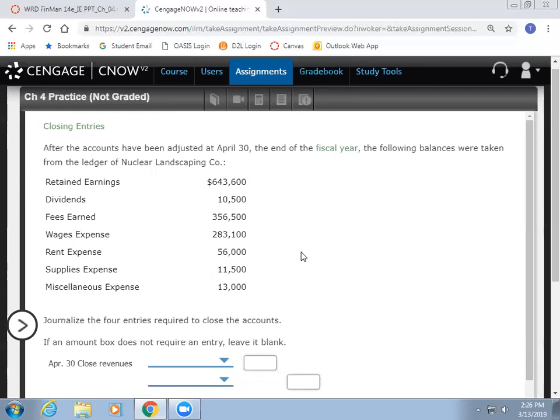What's rent's balance? 56,000. Thank you. Supplies. $11,500. Thank you. So much easier than looking back and forth.